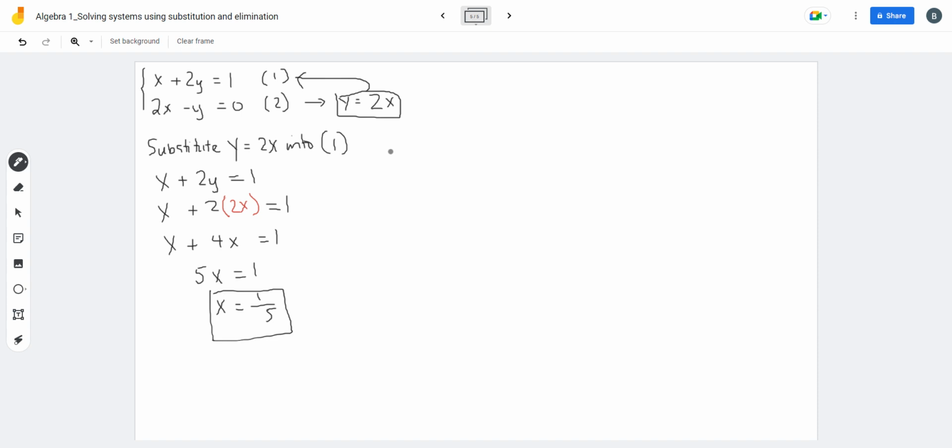Take a look at this. We have y equal to 2x already, right? So if you already have the x value, then the y value would be 2 times x, which is 2 times 1 over 5, and that would be 2 over 5.